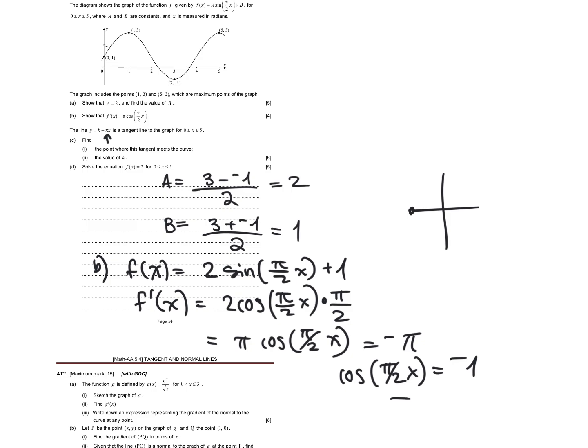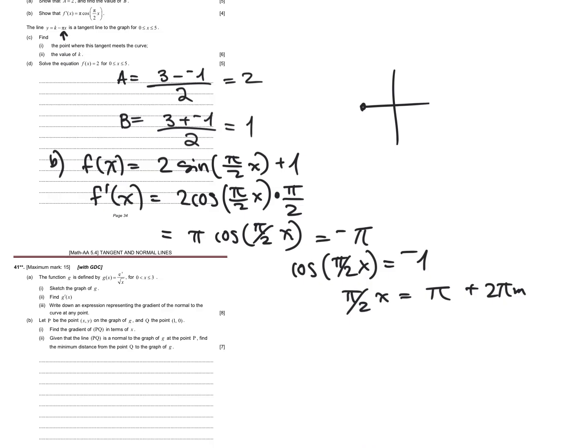All right, so pi over 2 x equals pi, and then just in case, every 2 pi, I'll put m, is another solution. So if we divide by pi over 2, pi divided by pi over 2 is 2, and then plus, dividing by pi over 2 again, plus 4m.